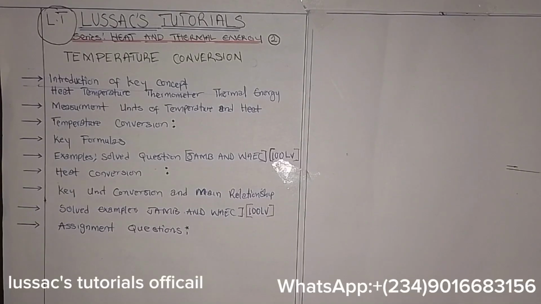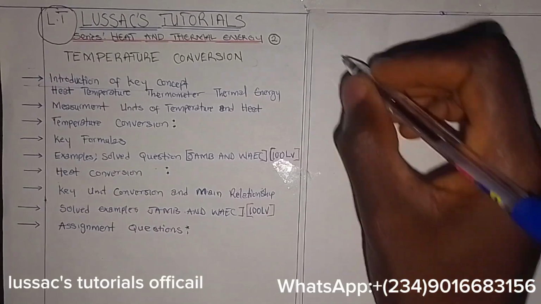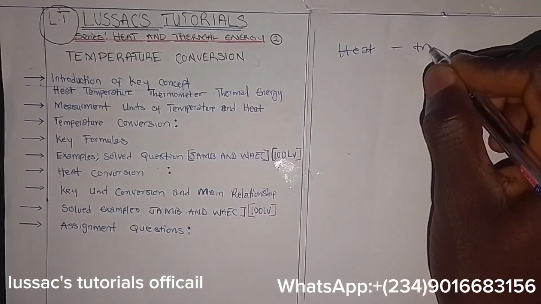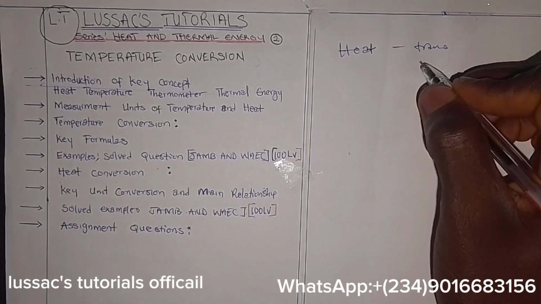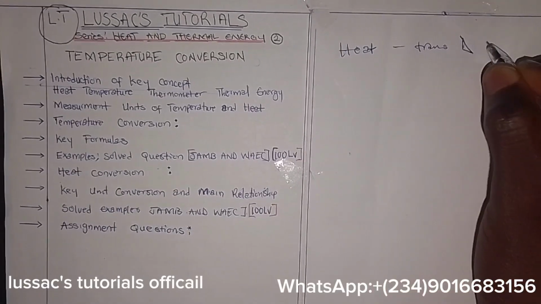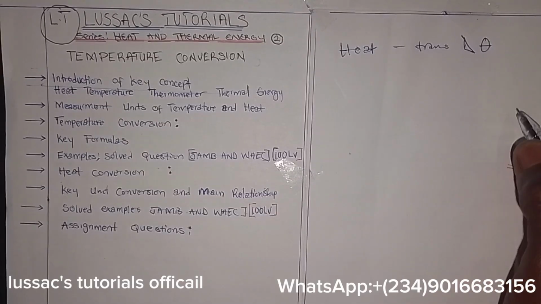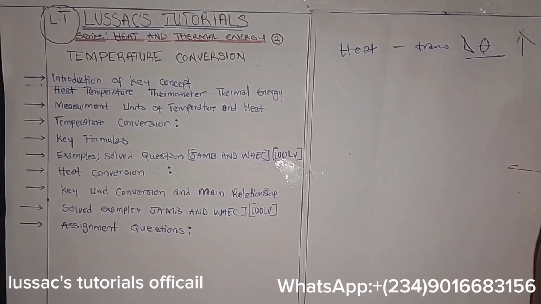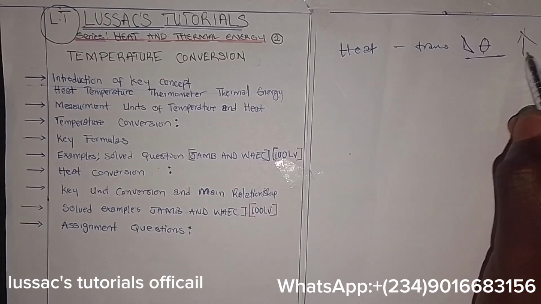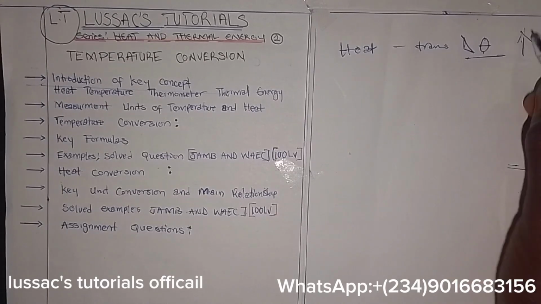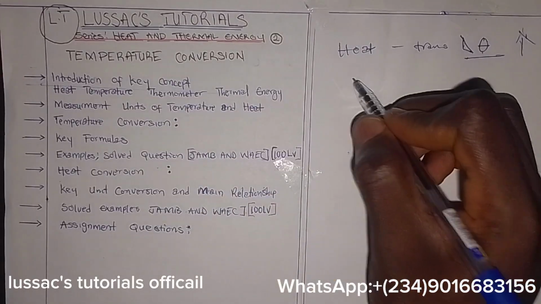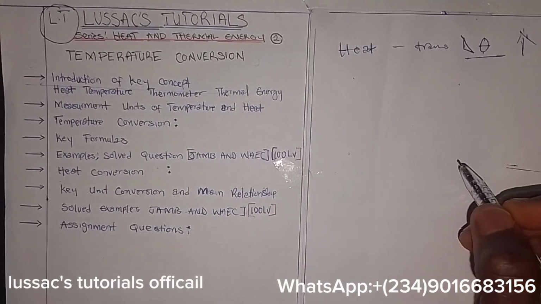So in summary, what we have: heat is what? Energy in transit due to what? Due to temperature difference, due to change in temperature. So the wider the temperature difference, the higher the heat. While temperature is the degree of hot or cold of a body.